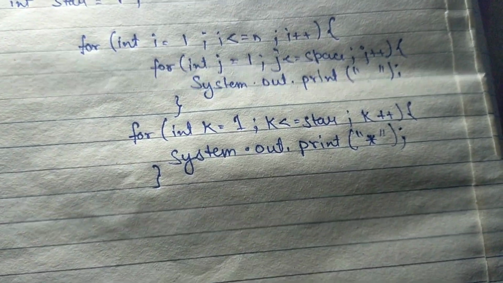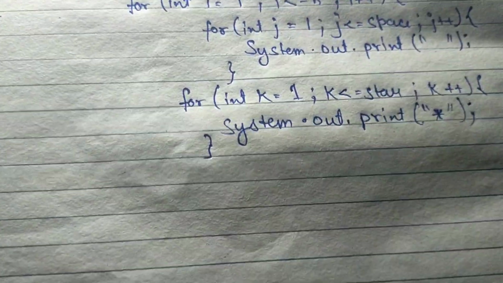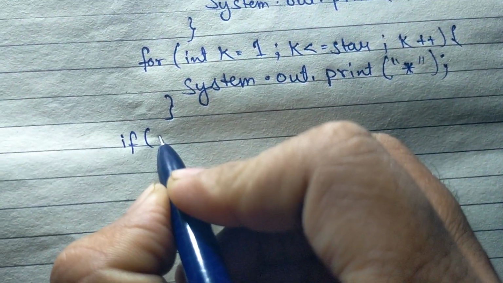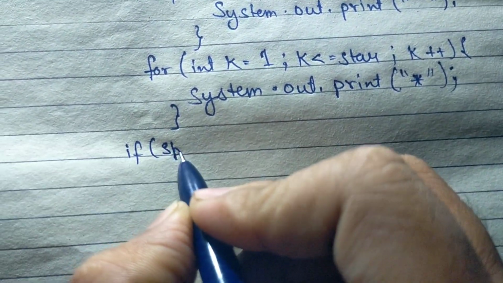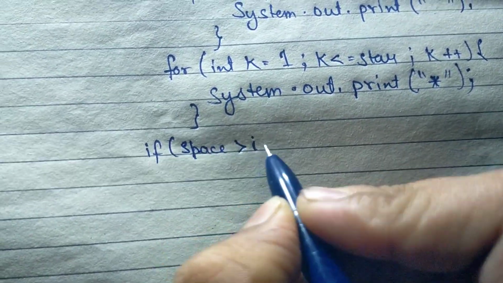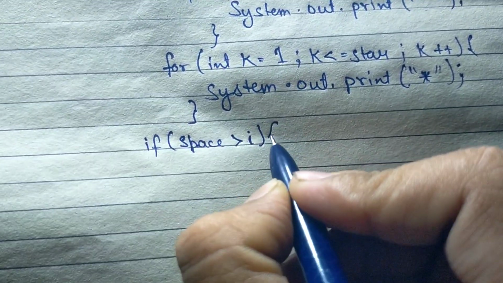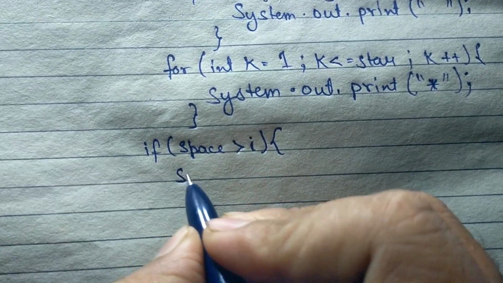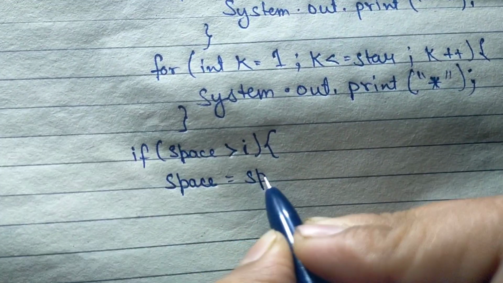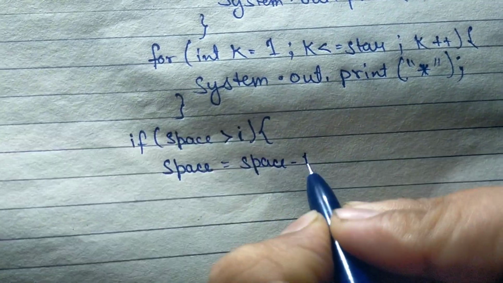Now onwards, the most important part of the looping starts. If the space is greater than i, then what can we do? Then space is equal to space minus 1.